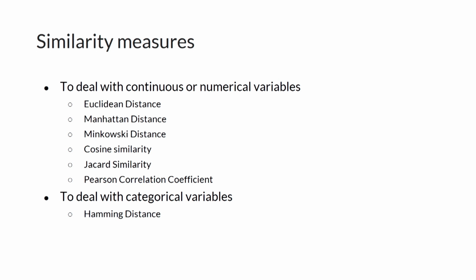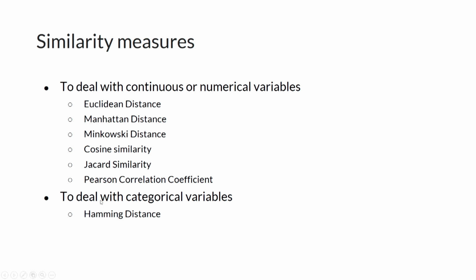Generally, as we have seen, there are different types of features in our data set. If your features are numerical or continuous features, we have these measures: Euclidean distance, Manhattan distance, Minkowski distance, cosine distance, Jaccard similarity distance, and Pearson correlation coefficient.